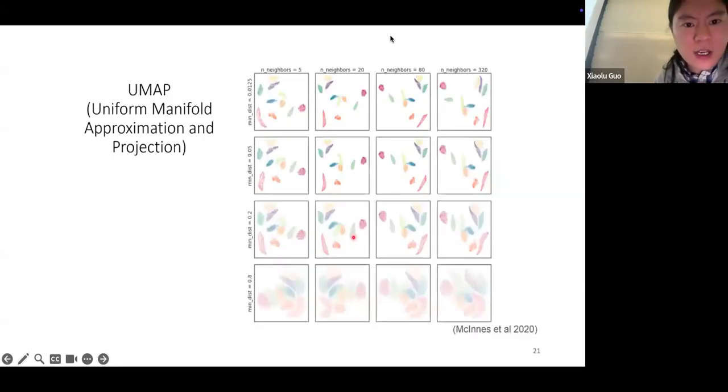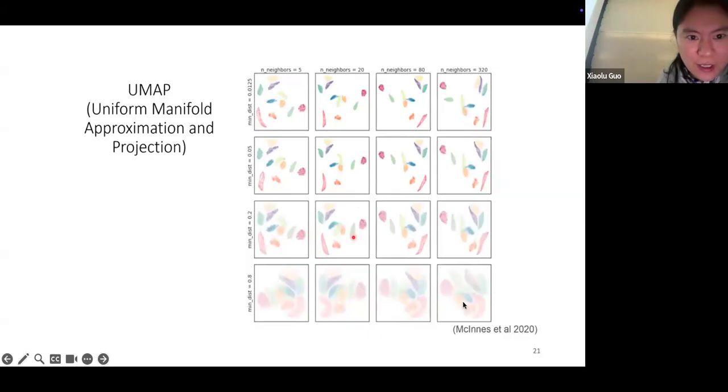Another thing is that we can also tune the parameters of the UMAP. Here, for example, you can define the number of neighbors, and also the minimum distance for UMAP. For different parameters, you can see totally different patterns.